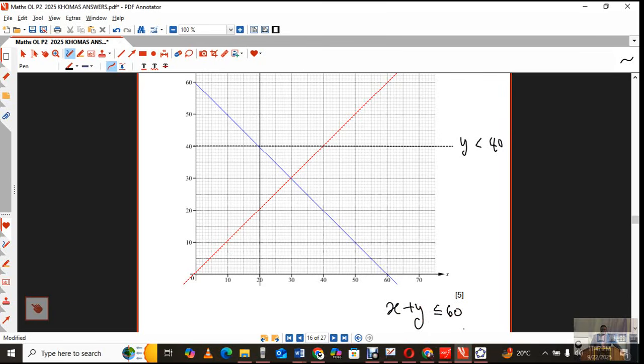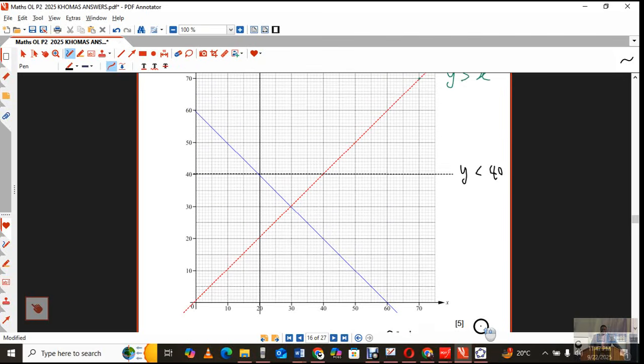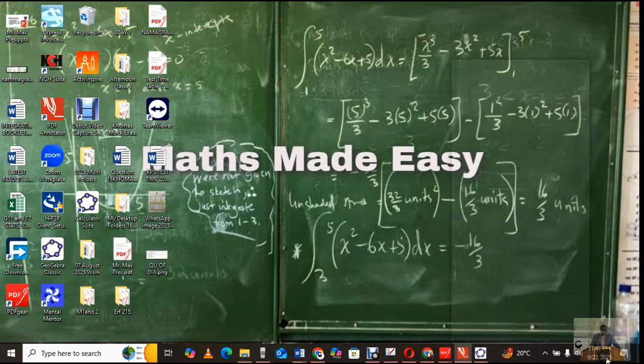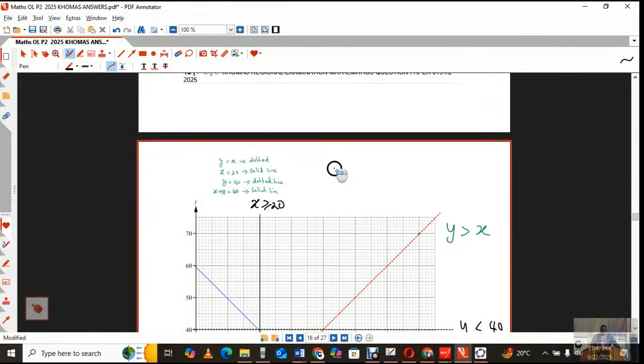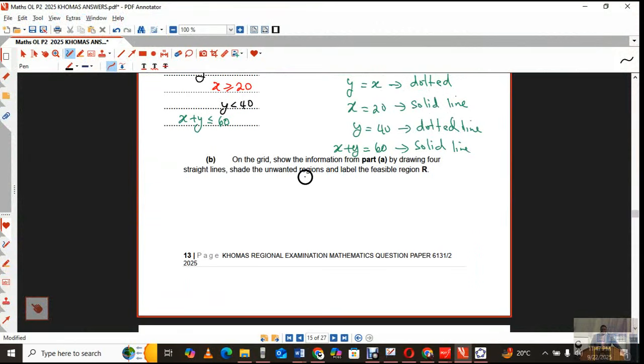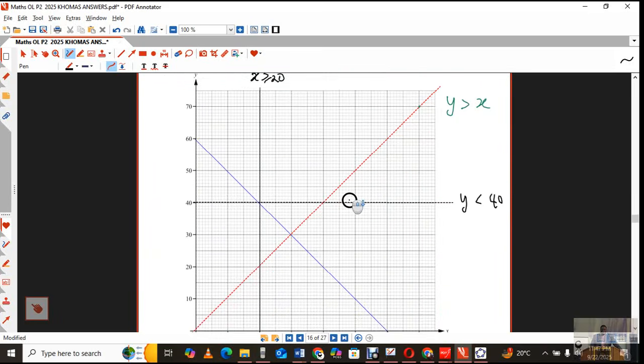All right, so I have my 4 lines there. Now what I am going to do is shade. They are asking me, on the grid, to show the information by drawing your 4 straight lines, shade the unwanted region, and label the feasible area R. So we're going to shade. Let's start with the line y is greater than x.